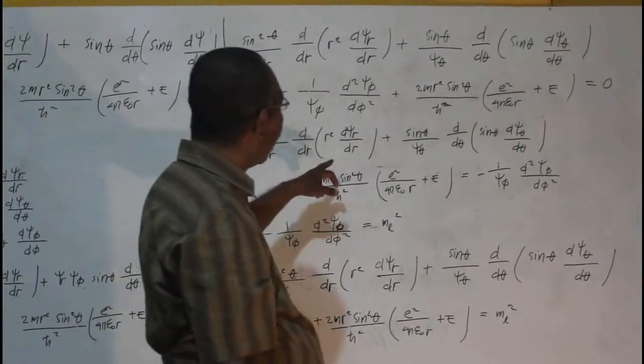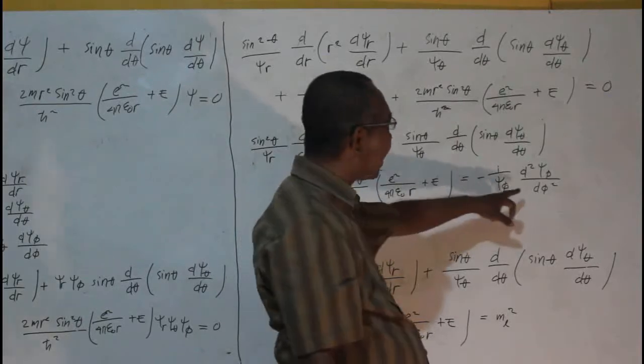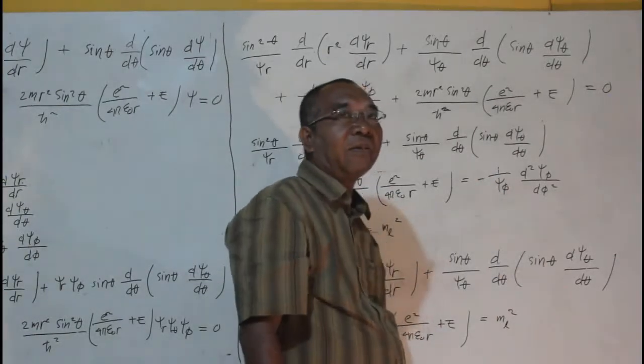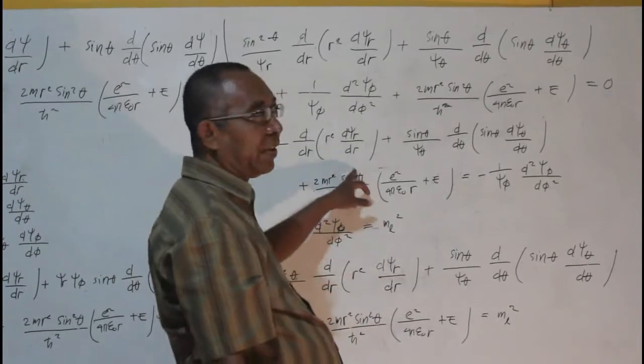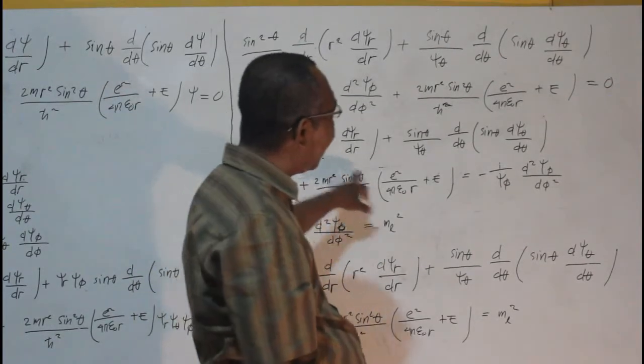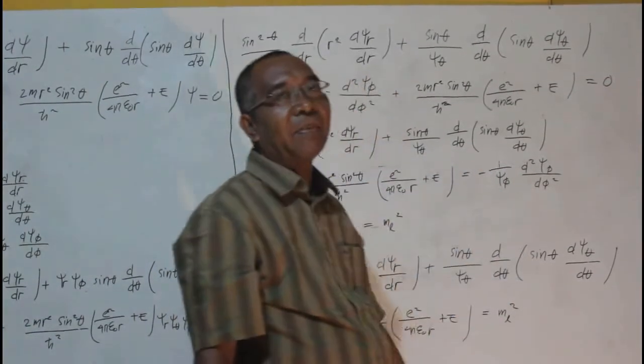We see that the left side and the right side of this equation contain different variables. So this equation is just right if the left side and the right side are the same constant.